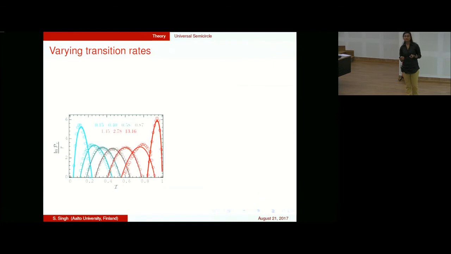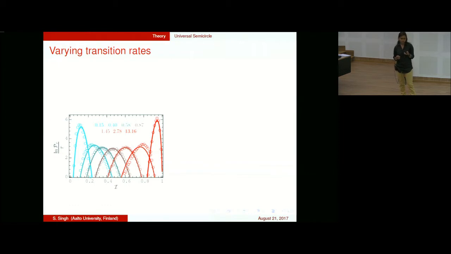And it seems to act quite nicely, because this cyan one is one in which the probability of being in state 0 is much higher than being in state 1. So this 0.15 shows the probability of being in state 0 divided by the probability of being in state 1. When we go from this lower number of the ratio to a higher one, we see the dominance, the height of the peak, varying.